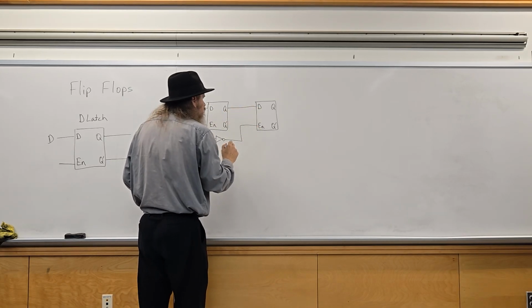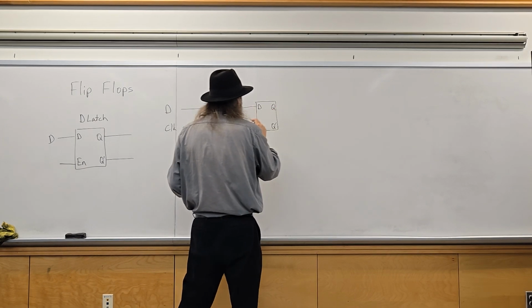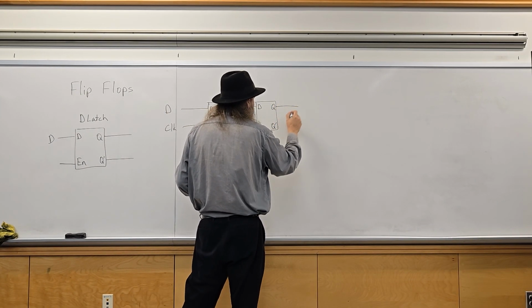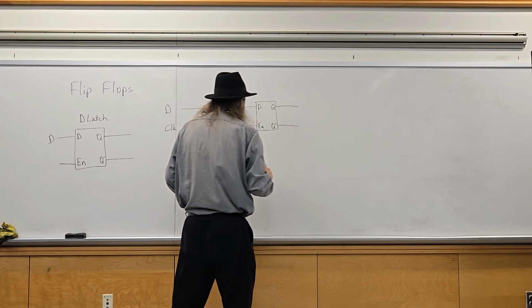And Q goes to D in the second latch, and Q and Q prime are out.